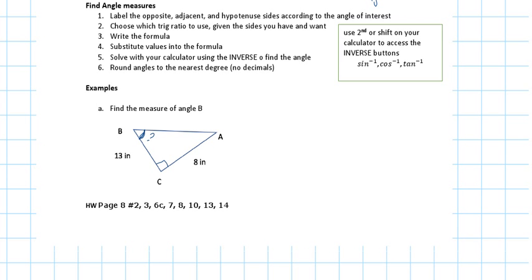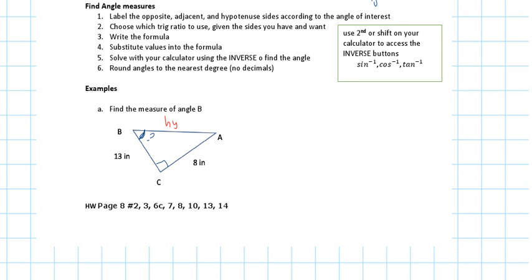Okay, so let's label the triangle. That's always the first thing you need to do. Label the triangle. Where's your hypotenuse? AB. Where's your adjacent? And your opposite? Good. Which two sides do I know?